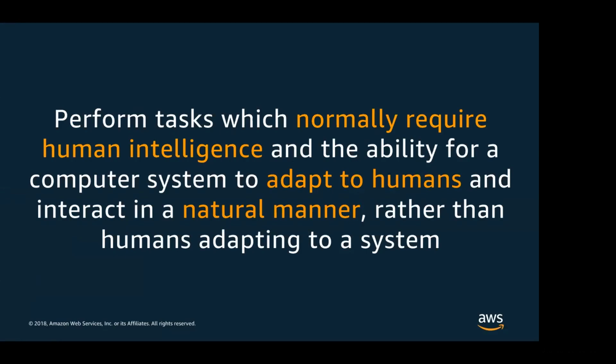So as Pasquinel explained, machine learning is just a subset of artificial intelligence, and it's a field of computer science that basically uses statistical techniques to give the computer the ability to learn.